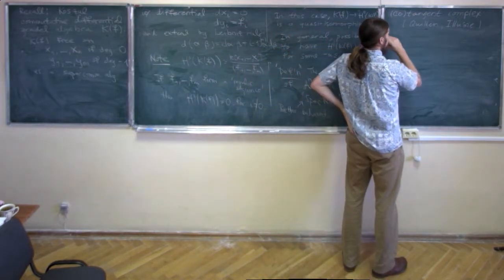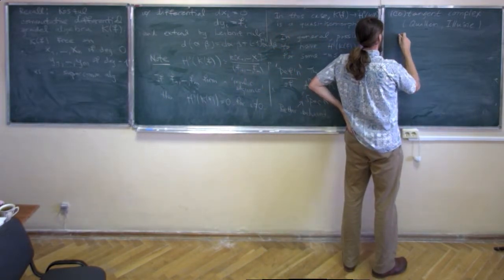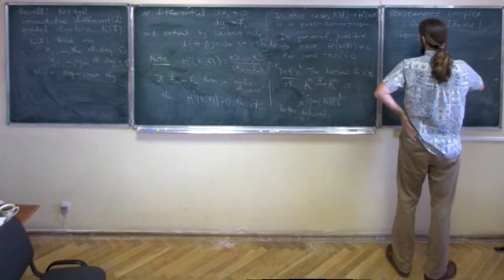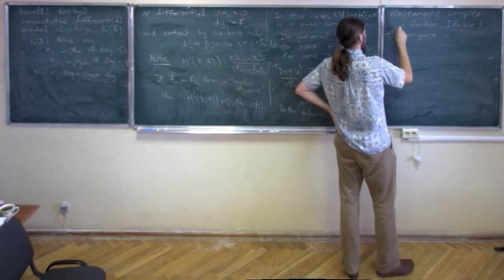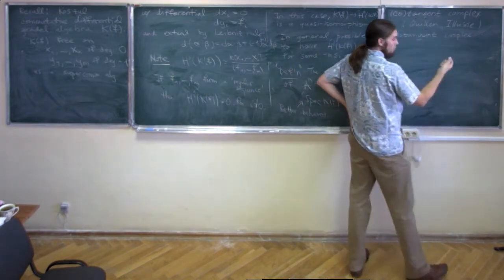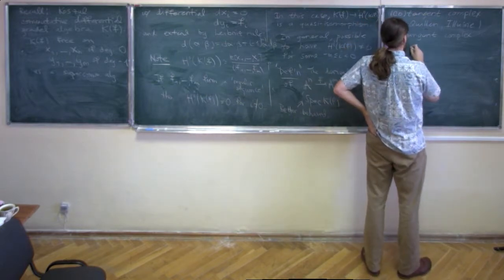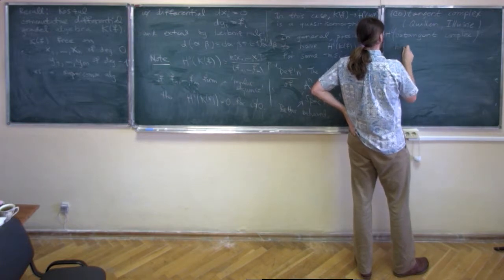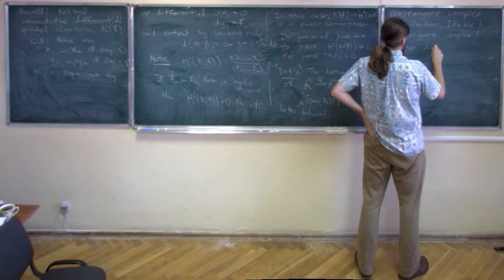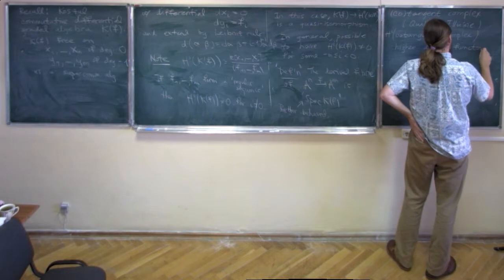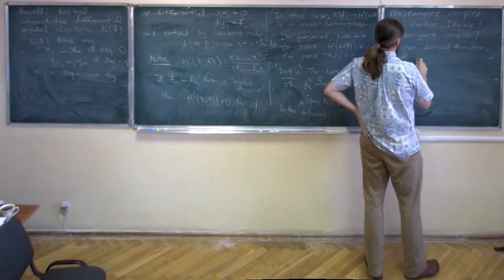So what is this? The idea is that the cotangent complex, well, it's cohomology. The cotangent complex, say, of an algebra or of a scheme, is the sort of higher derived functors of the Kähler differentials.